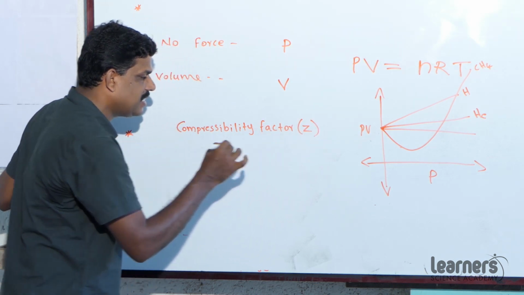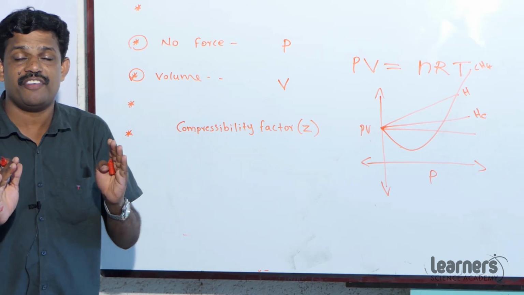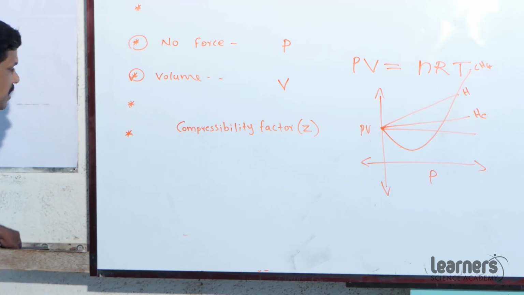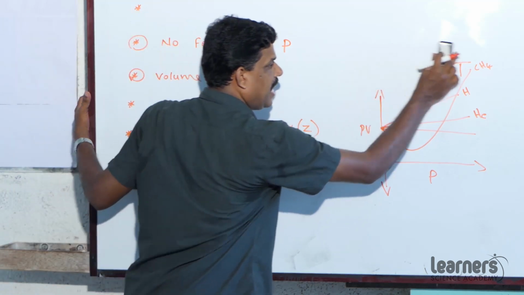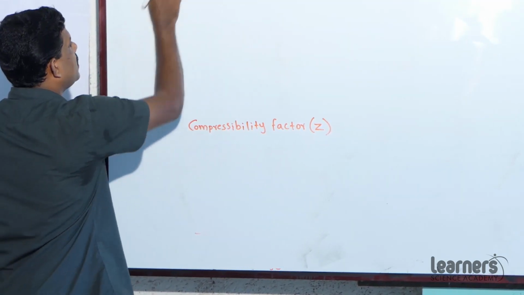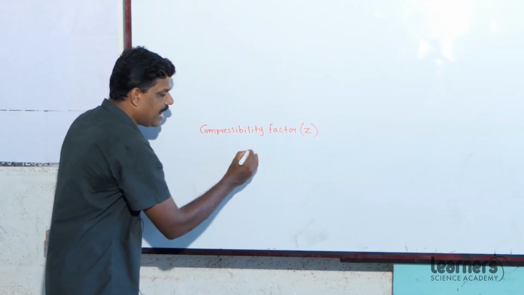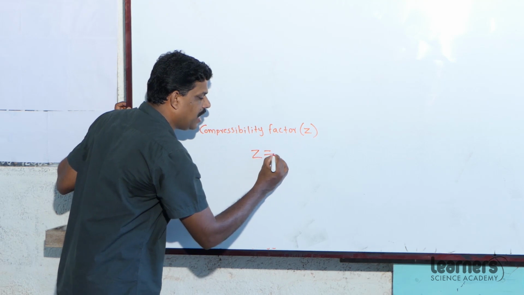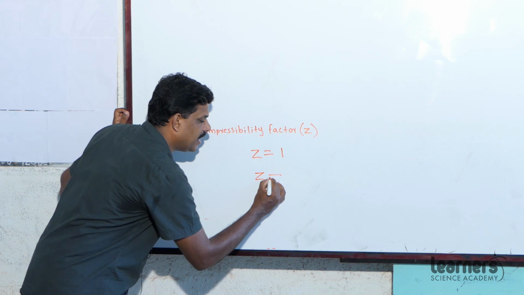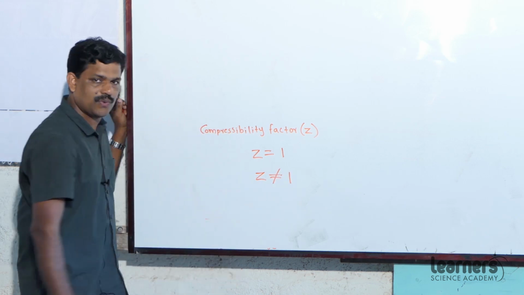Compressibility factor Z is a measure of deviation from the ideal gas equation. For an ideal gas, Z will be equal to 1. For a non-ideal gas, Z is not equal to 1.